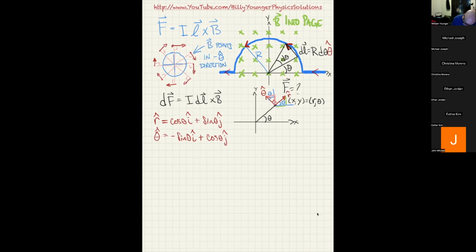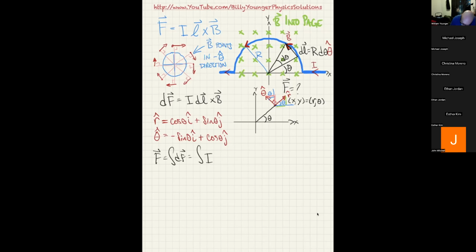I will say F is equal to the integral of dF, which equals the integral of I, because what we're understanding is the current going through this is I, and the magnetic field in this is B, okay?